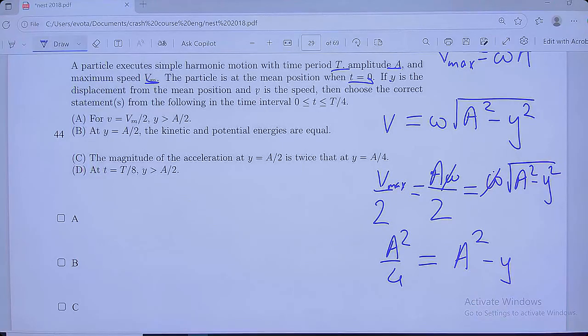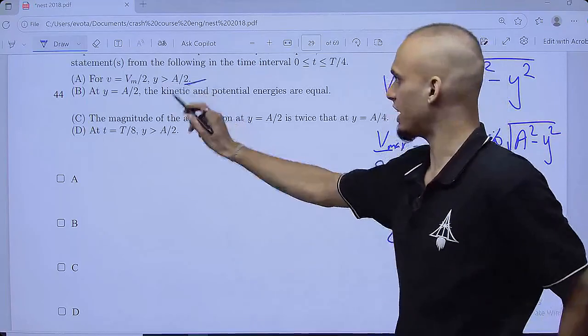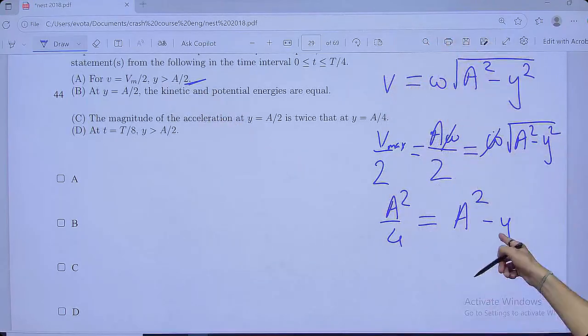So from here we will get the value of y will obviously be greater than a by 2, because a square minus a square by 4, y is equal to root 3 by 2 a, which is greater than a by 2. So option A is correct in this case. Option A is correct here, right? Y is clearly greater than a by 2.